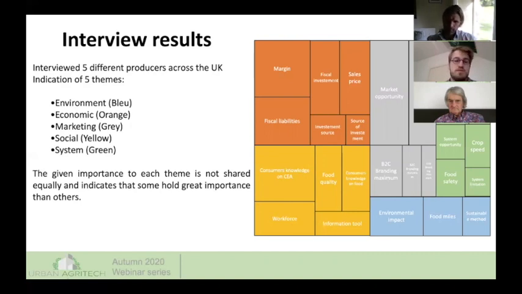However, even if all themes were mentioned by all the producers, their importance and the time the producers spent explaining each theme differed, and you can see there that the environment and social themes were the 2 biggest ones that came out.